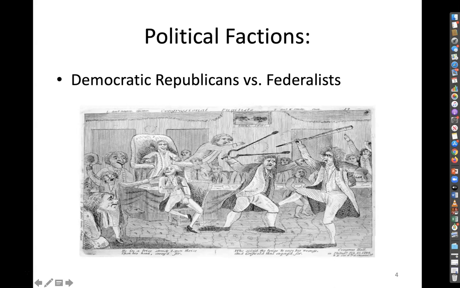If you're familiar with James Madison's writing in the Federalist Papers, which was his series of arguments meant to persuade Americans that they should ratify the Constitution in 1789, so obviously written earlier, he warns against the creation of factions.